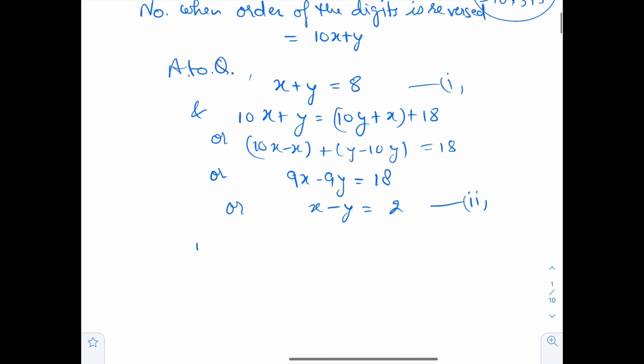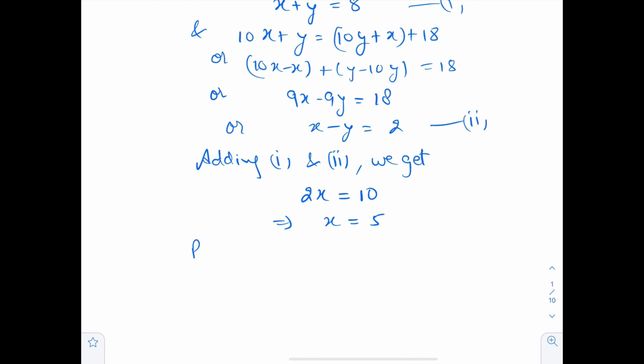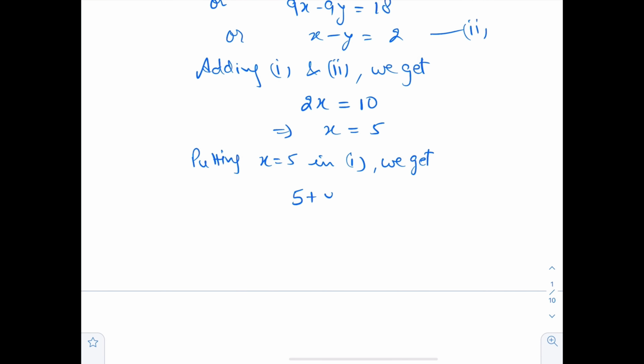Now adding equation number 1 and 2, we get 2x equal to 10. This implies x equal to 5. Putting x equal to 5 in equation number 1, we get 5 plus y equal to 8 or y equal to 3.